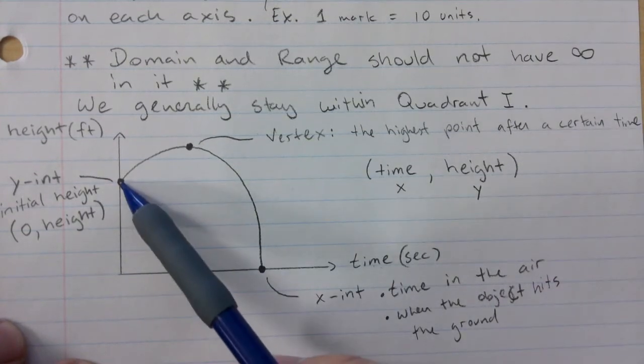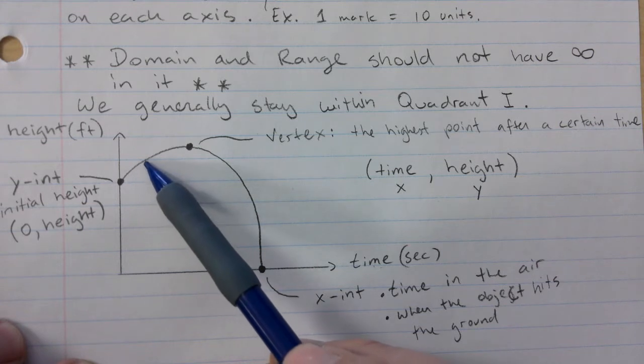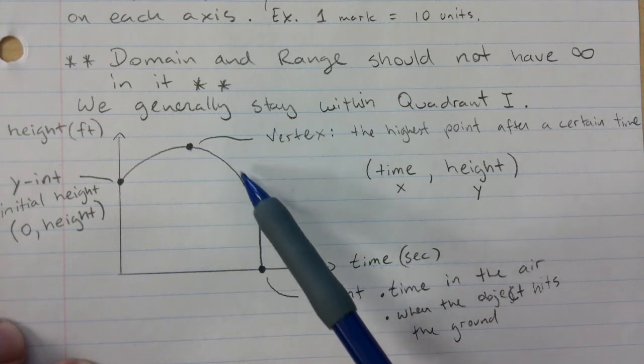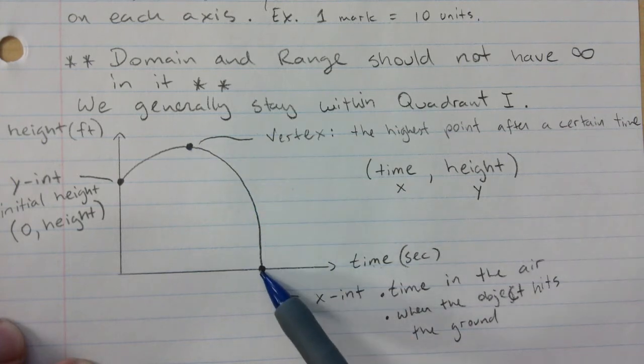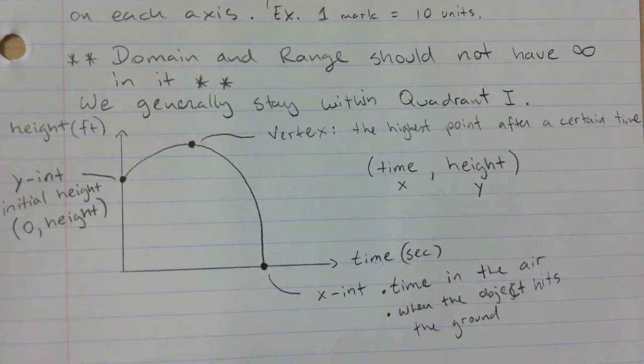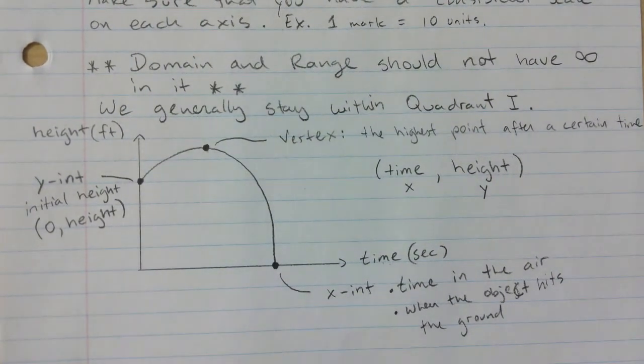If you scroll along this curve, at this time, you will be at a certain height. After a certain amount of seconds, you'll be at the highest point, and then back down here, you'll be hitting the ground. Okay, it's initial height, so I'm going to zoom out a bit.